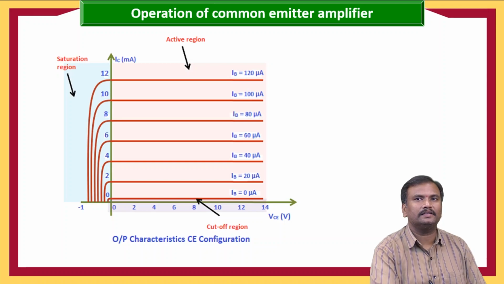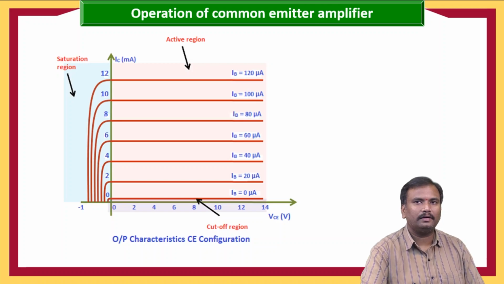Below the collector current, where there is 0 or only the leakage current, that region is called the cutoff region. And where the current exists in the transistor, that region is called the active region.